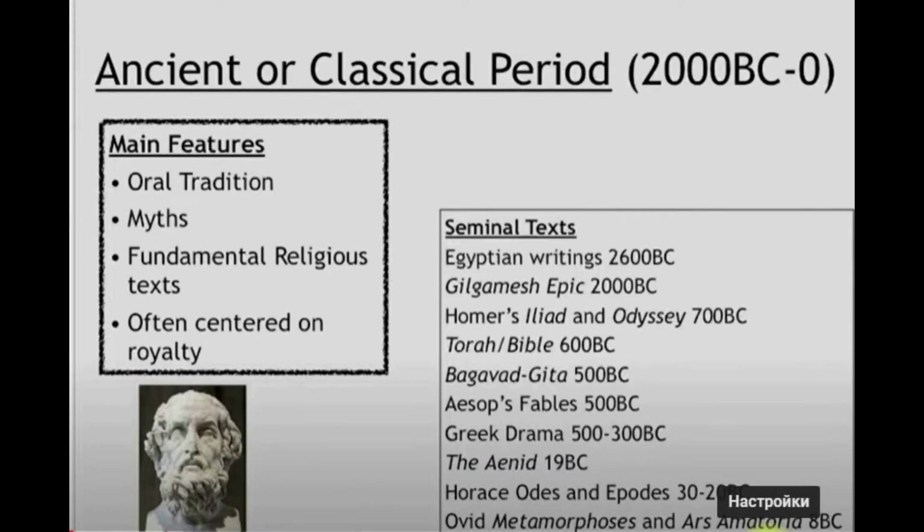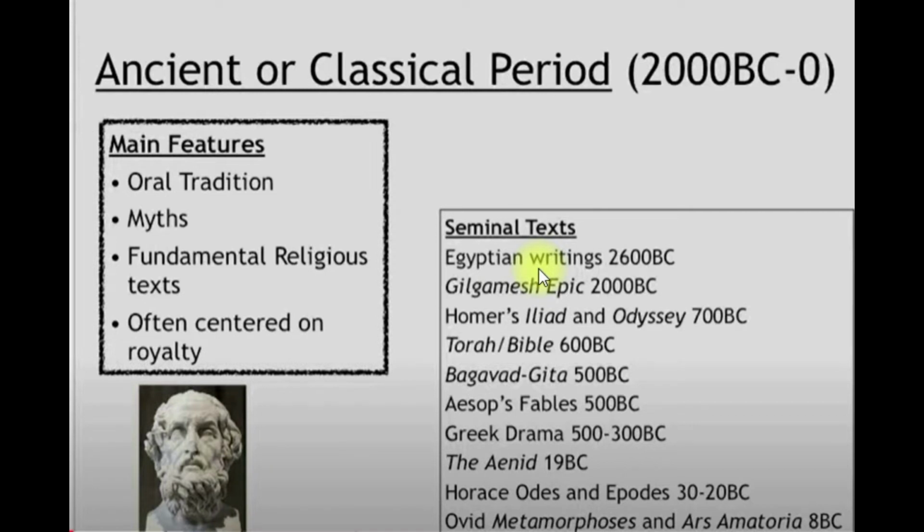Okay, let's start by examining the classical writing from the ancient period. There is writing from as early as 2600 before Christ. Mostly these writings are Egyptian.